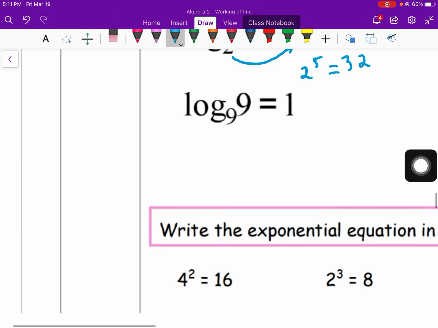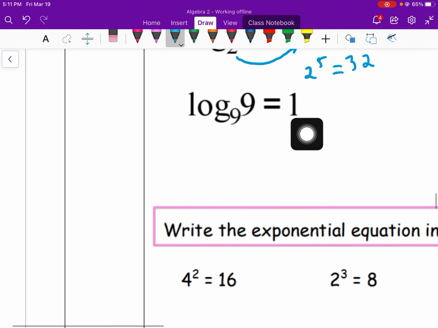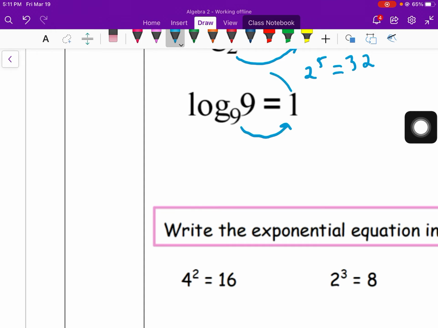Let's check this one. Log base 9 of 9 is 1. So that's 9 to the power of 1 equals 9. In this case, if we have a base b to the power of 1, it's always going to be that base, because anything to the power of 1 is itself.